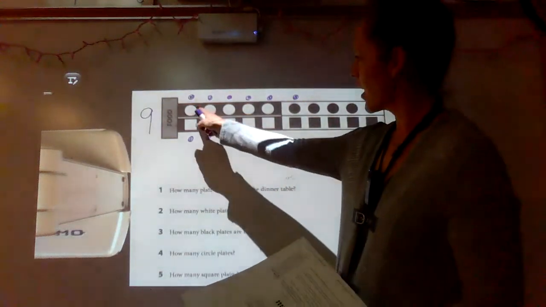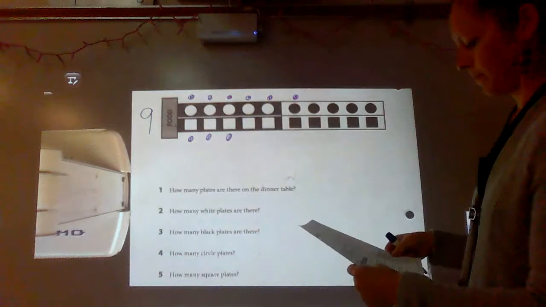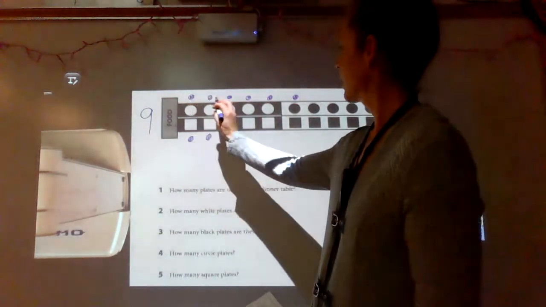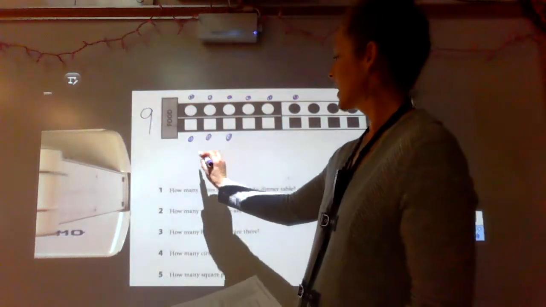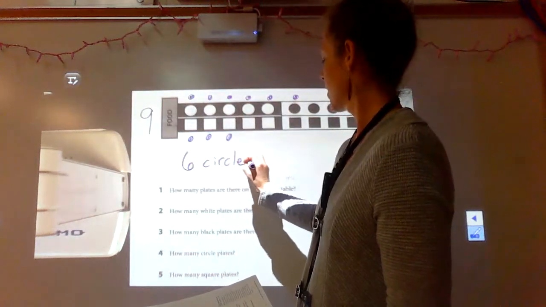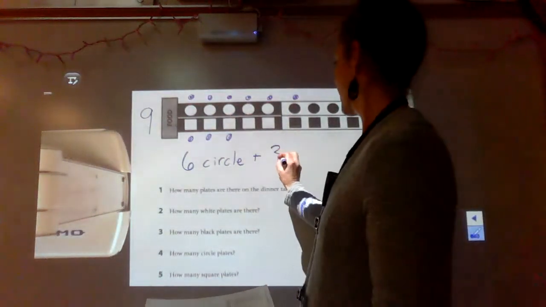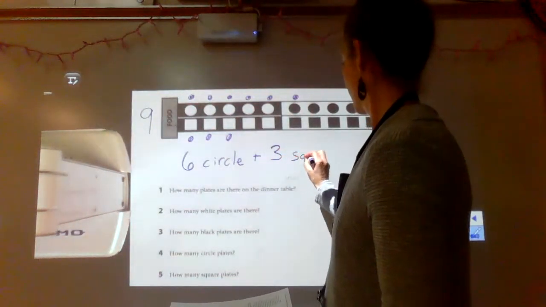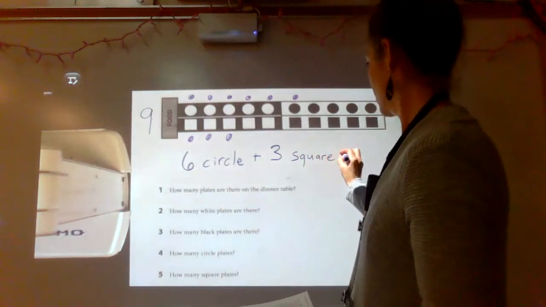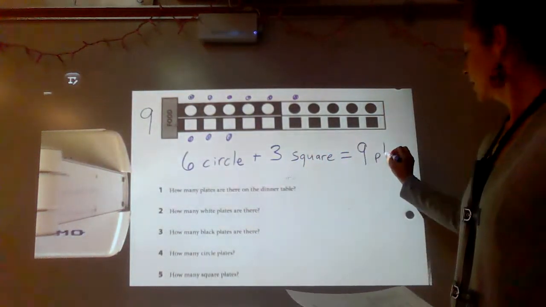First, let's talk about all the circle plates. So I see 5 and 1 more. That would be 6 circle plus how many square? 3 square equals 9 plates.